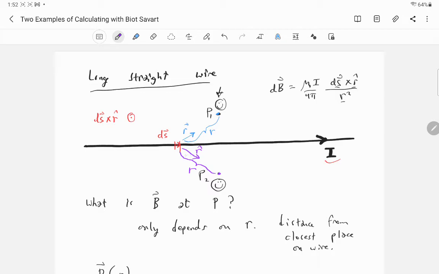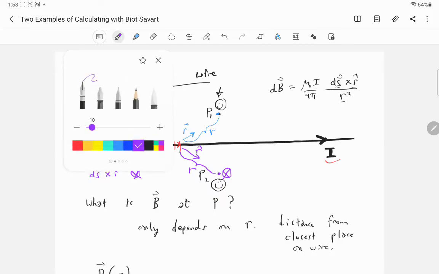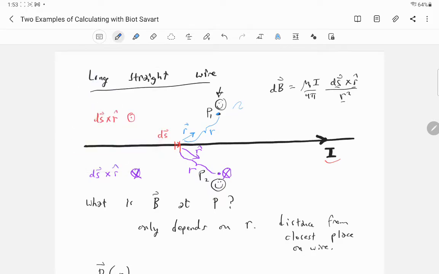And if you wonder what's ds cross r hat in this case, it's actually into the page this time. So where this person is sitting, they see a magnetic field contribution into the screen from this little red length. But from where this person is sitting, they don't see into the page, they see out of the page.